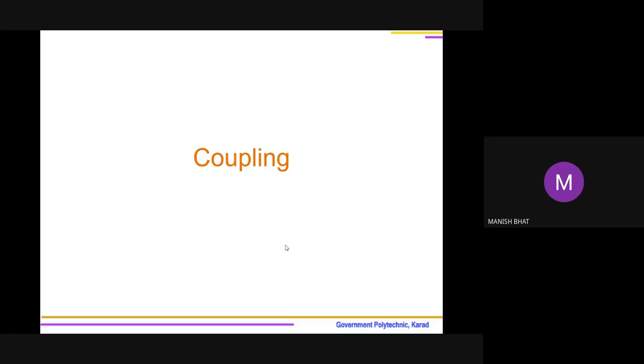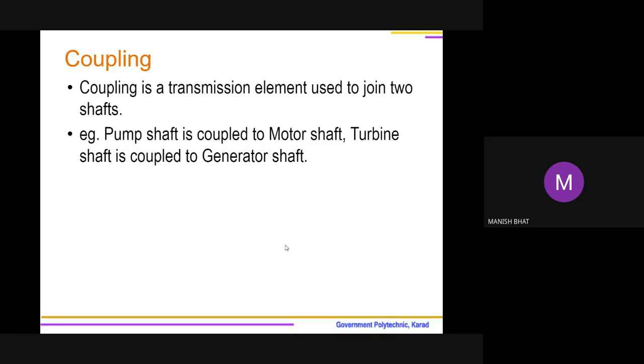So IC engine is developing power at crankshaft, and that crankshaft power is to be delivered to the wheel. So it is via coupling, a joint, they are used. So whenever we want to transmit power from one shaft to another shaft, coupling is necessary. So some examples which we have discussed are given in this slide. So coupling also is a transmission element.